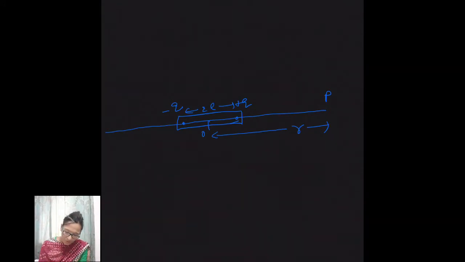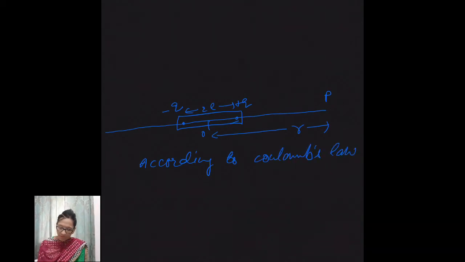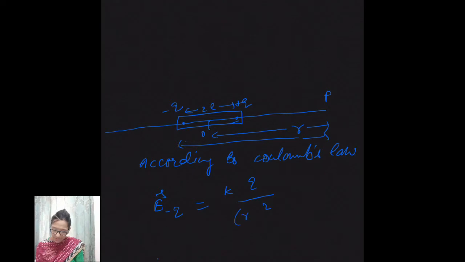So according to Coulomb's law, field E due to negative charge is equal to KQ upon R square, and here the distance is from minus Q to this point, and this is equal to R plus L. So distance will be R plus L whole square.